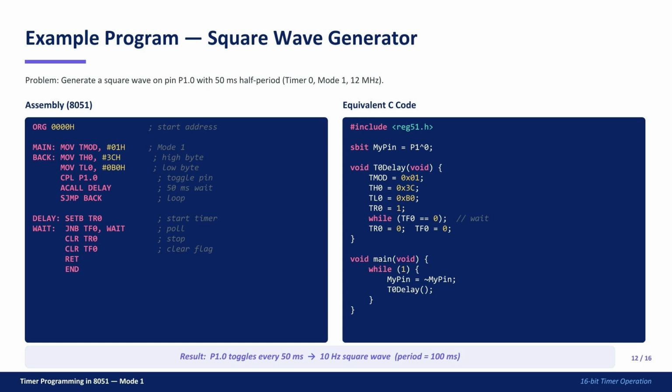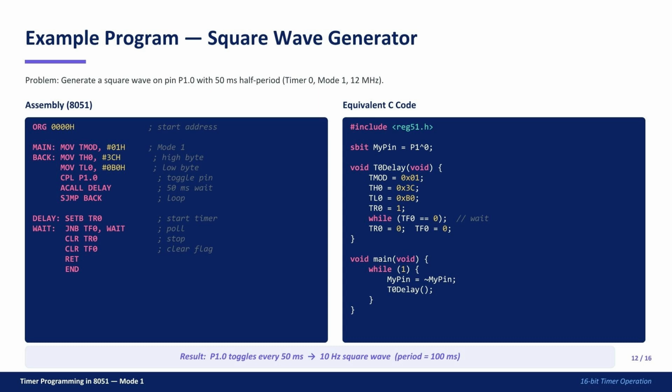It keeps jumping back to the WAIT label as long as TF0 is 0. The moment TF0 becomes 1, which happens when the timer overflows, the loop exits. Then we stop the timer using CLR TR0, and we clear the overflow flag. Then finally we use RET to go back from the subroutine.